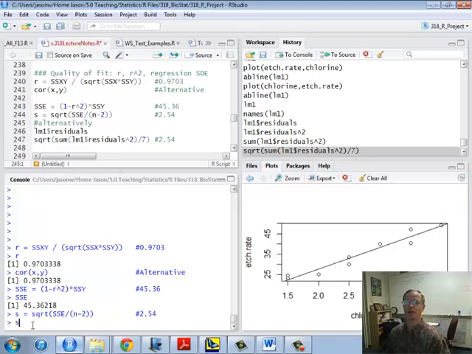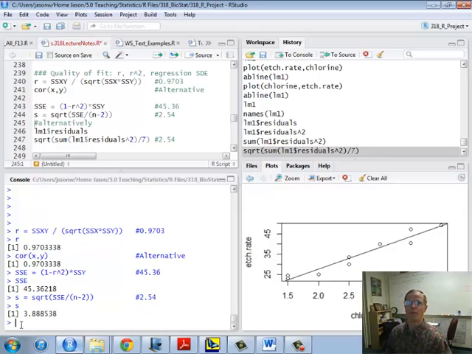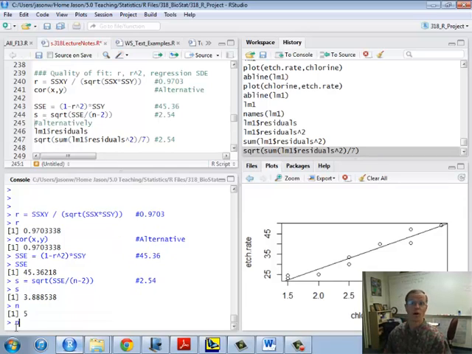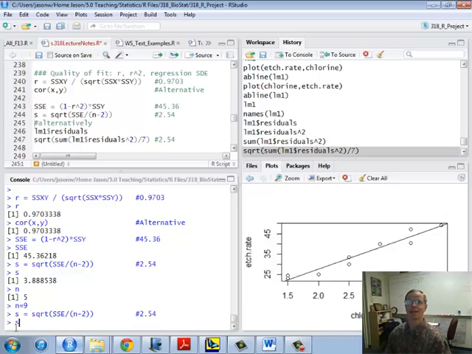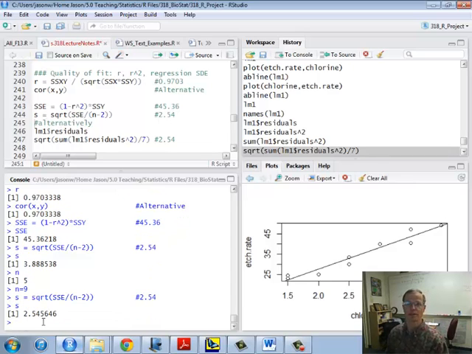S directly calculated, let's see, 3.89. We have something wrong here. N is wrong. N equals 9. And so we have the correct value. This N was from a previous calculation I had done earlier.